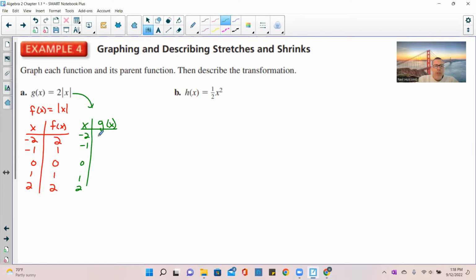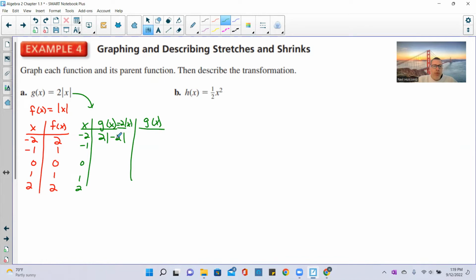So what we're really doing is 2 times the absolute value of -2. That gives us our value for g of x, which equals 2 absolute value x. If you wanted to do a table like that, you show the function in the middle, and then you show what you get out here.